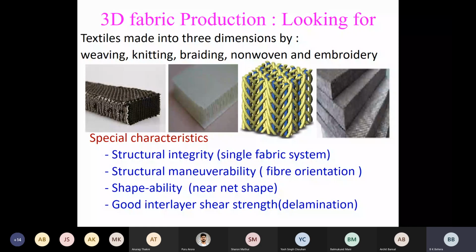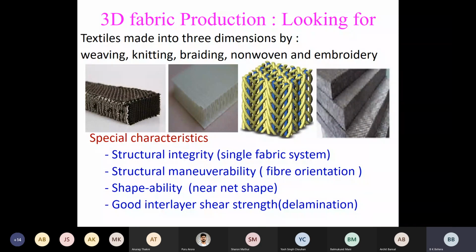That is called near net shape, meaning the shape of the woven fabric that comes out from the weaving machine is exactly the same as the finished product which we want to make.